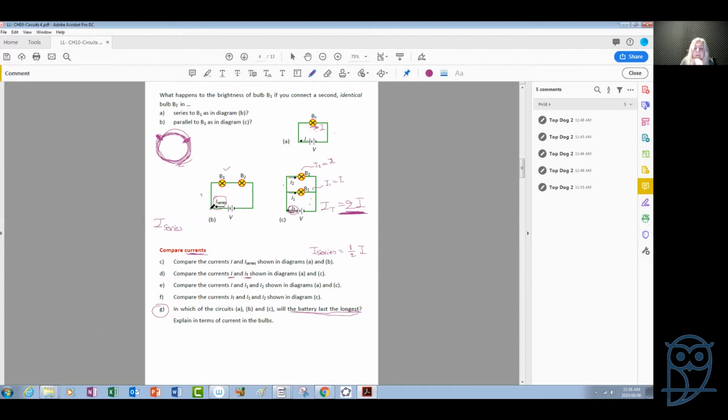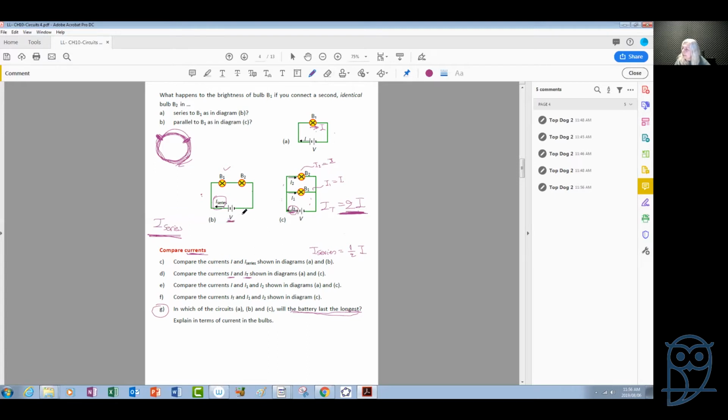And the last battery to go flat is this battery that supplies the series connection, because here the current is the smallest. I mean, the smallest current means that the energy transfers slower in this circuit, because the charge moves slowly here. So since the energy from the battery transfers slower, this battery in this circuit will last the longest.